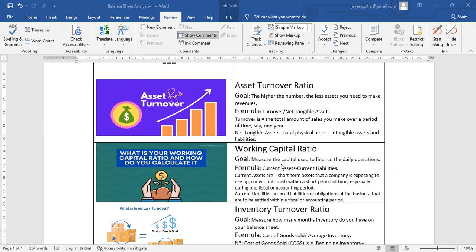So working capital ratio measures the capital used to finance the daily operations. In order to finance a business's daily operations, like meeting various expenses, it needs finance. It needs capital. That capital is called working capital.